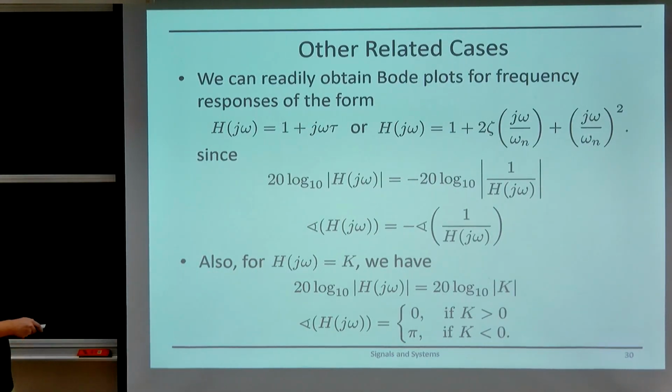Because if you just plug this in, the log magnitude is also just a constant, 20 log k, and the phase is either 0 or pi, depending on whether k is positive or negative. Okay. So with these basic elements, we can then analyze more complex cases. Okay. So let's look at two examples here.